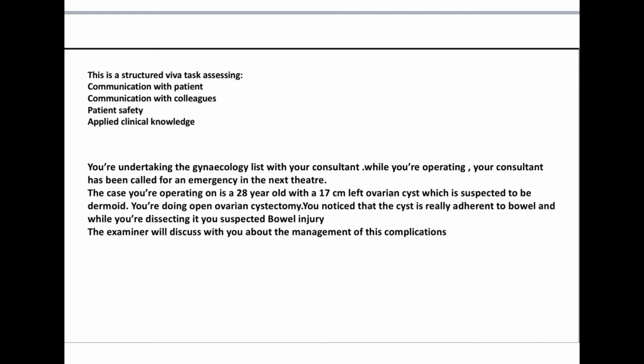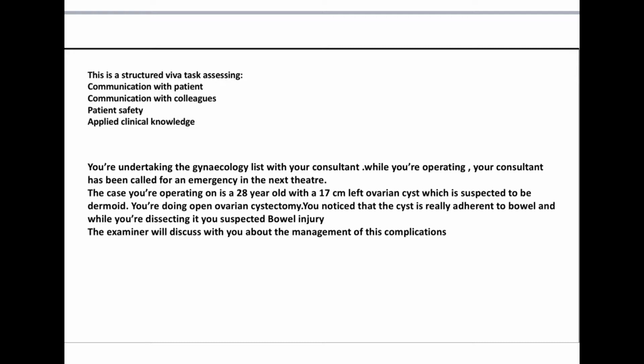The circulating nurse has to call our consultant, or at least inform him, because he is doing another emergency in the next theater. If he can't come, he has to call another consultant to come, and also to call the on-call colorectal surgeon to come to do the repair. So that is the communication with our colleagues.